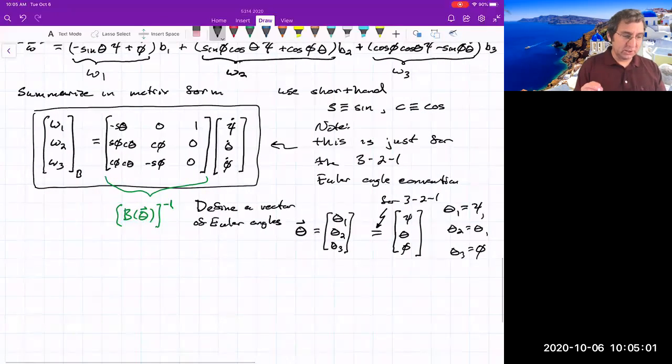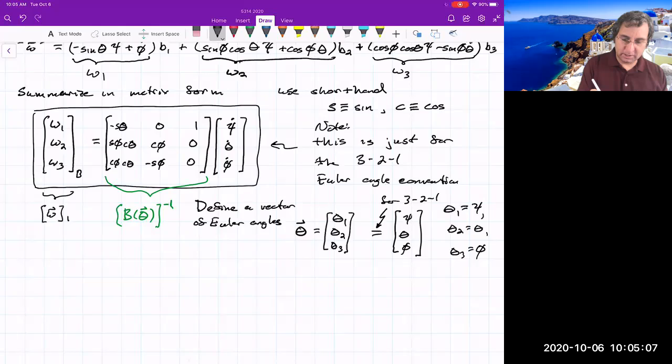So if we were to write this compactly, we would write this as the omega vector written in the B frame. And these time rates of change, we would write as theta, the vector with an over dot. Let me just write that again.